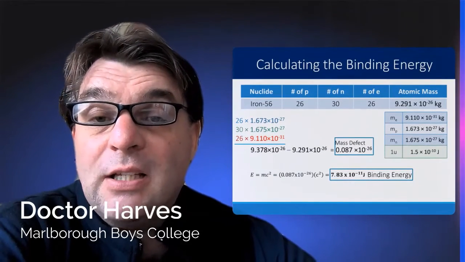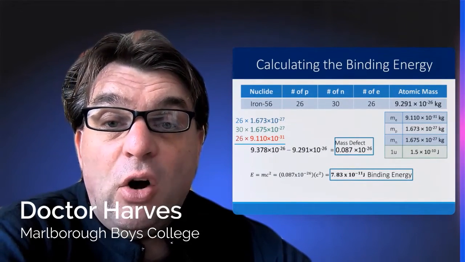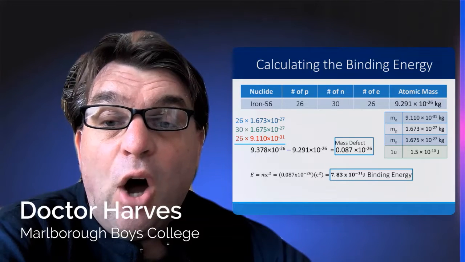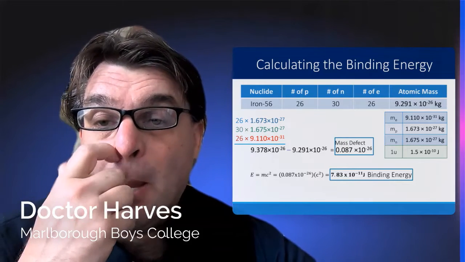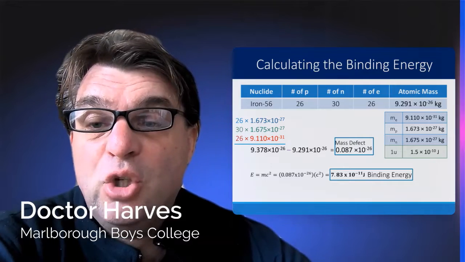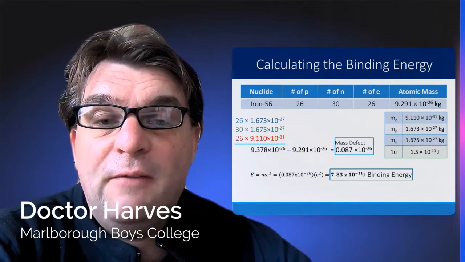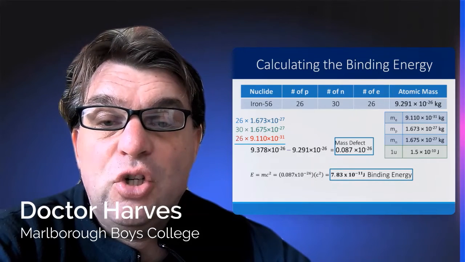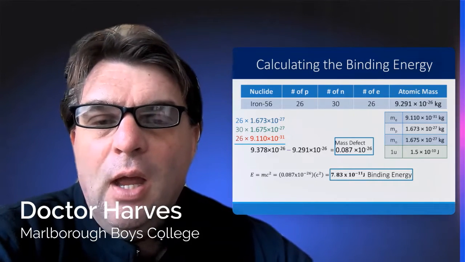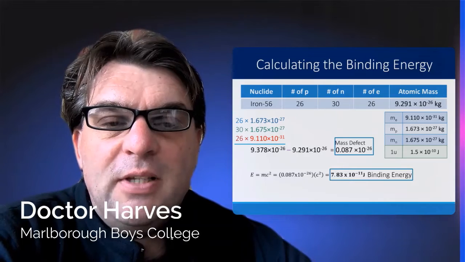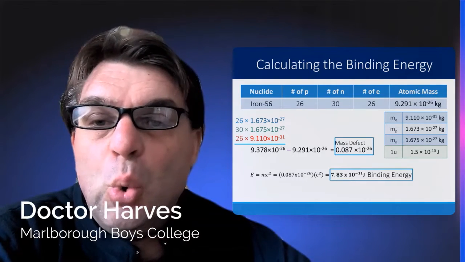So remember from our last lesson, we calculated the binding energy of iron-56, the energy required to bind all the nucleons to form an atom of iron-56, and we found out that the binding energy using Einstein's equation was 7.83 times 10 to the negative 11 joules.